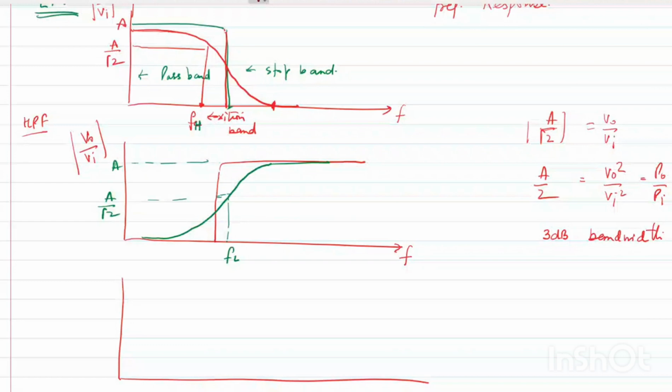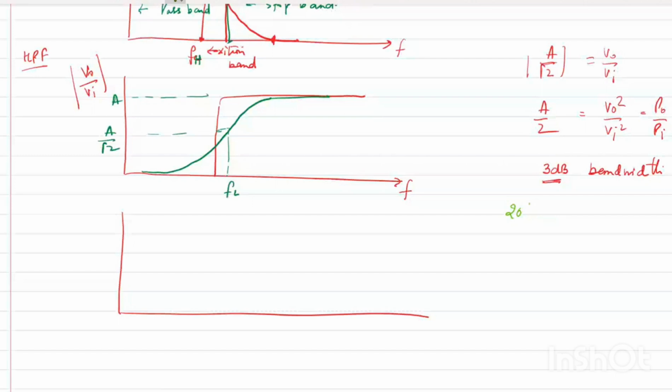What I am asking is, how did the 3 dB come? What is A by root 2 if I find it in dB? I want 20 log of 1 by root 2. How much will it come? What is 20 log of 1 by root 2? Ma'am, minus 3.01. Yes, ma'am.